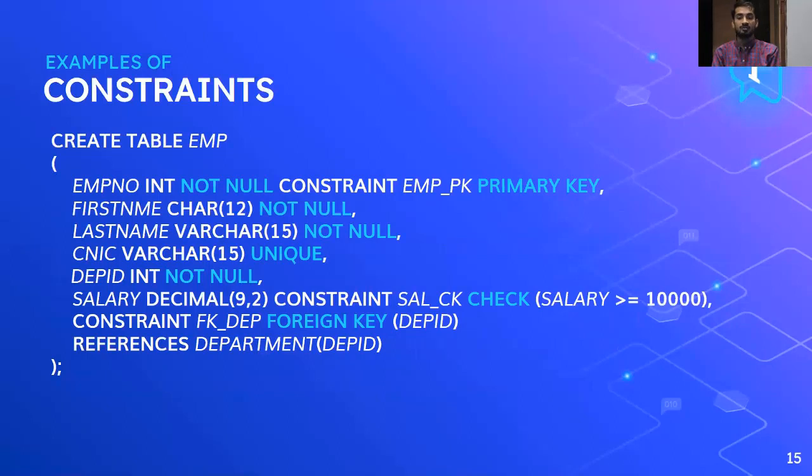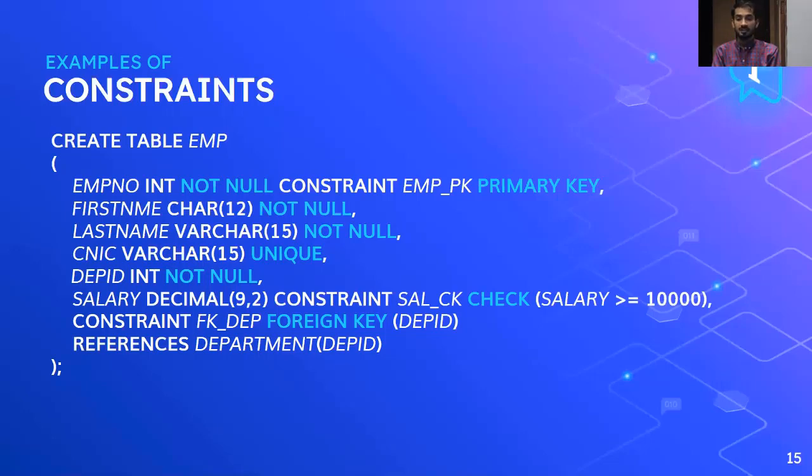Examples of constraints. This is an example of all the constraints in a single table, in which I define that the employee number is NOT NULL, and CONSTRAINT EMP primary key. So these NOT NULL and primary key are the constraints. For CNIC, UNIQUE, because every person has a unique CNIC.